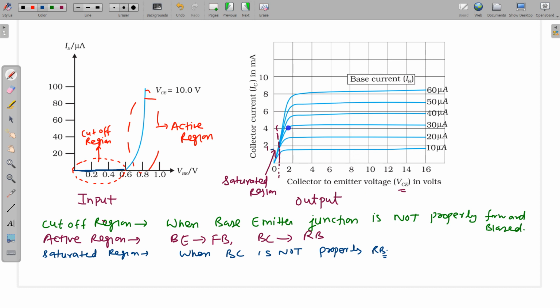After saturation, this region is again the active region, where the base emitter junction is properly forward biased and the base collector junction is properly reverse biased. So we have three regions in which the transistor can operate: cutoff, active and saturated region. In normal operation of a transistor, we put it in the active region.